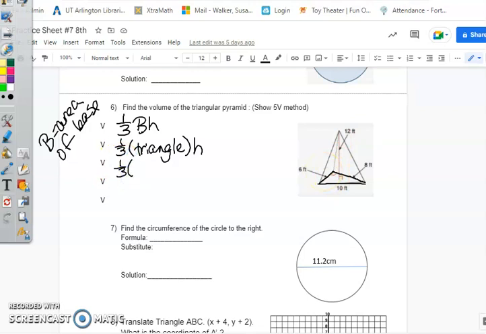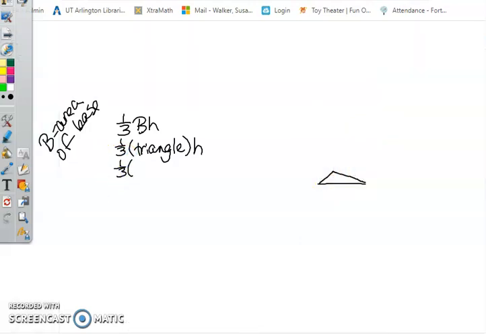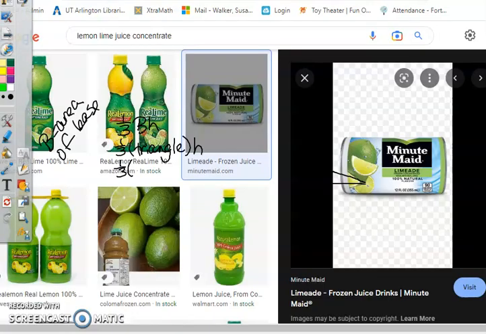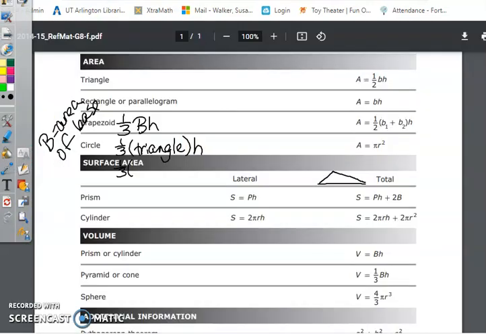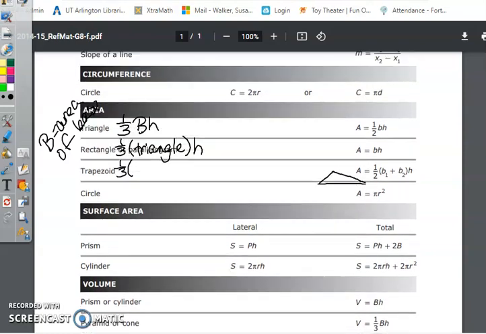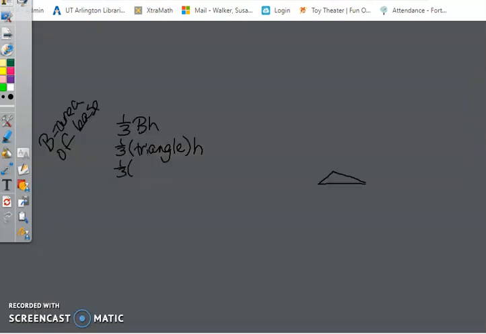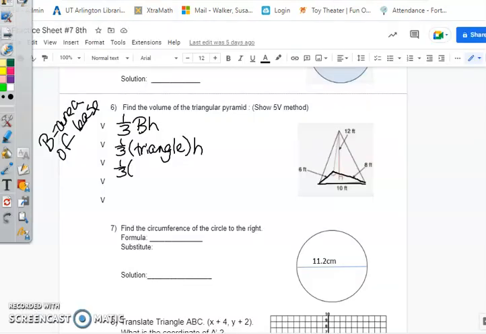I look at my formula chart. There we go. Says for area of a triangle, right there, half B H.